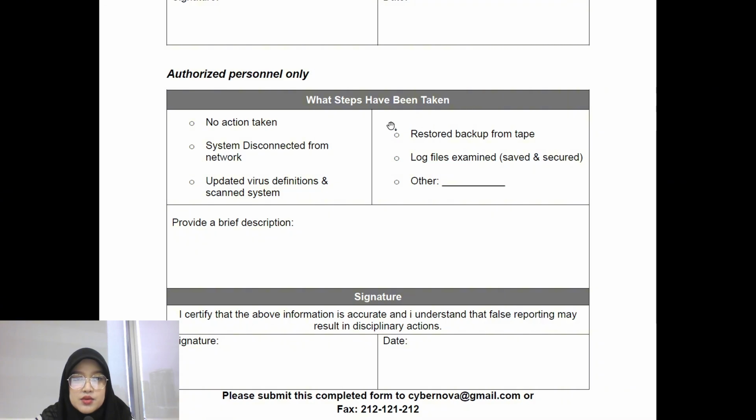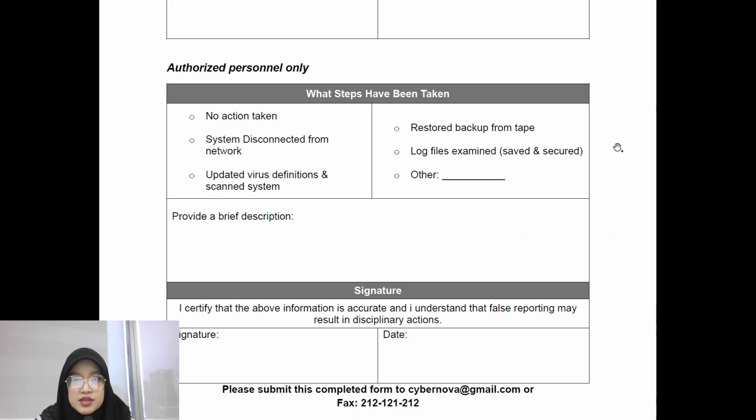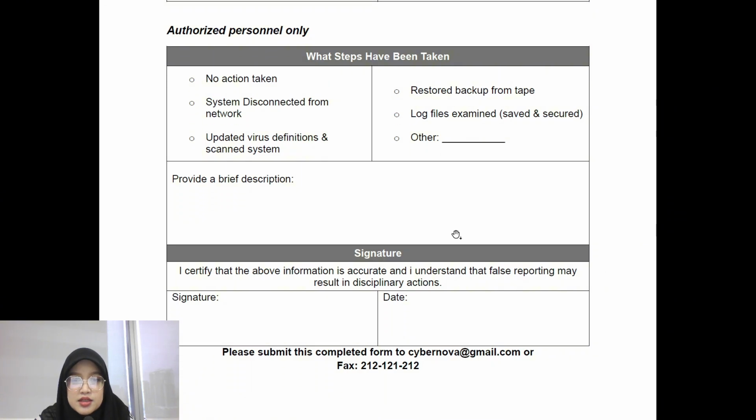So next is what steps have been taken by the IT department, which are no action taken, system disconnected from network, updated virus definition and scanned system, restored backup from tape, log files examined, safe and secure, or other. And they also need to provide a brief description of what steps they have taken. And then the last one is signature from them also, and certification from them, which is signature and date.